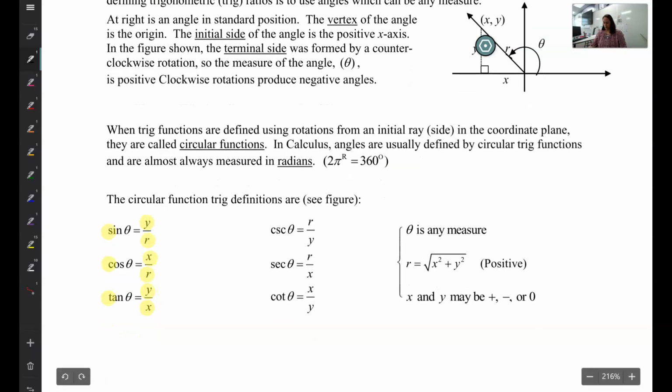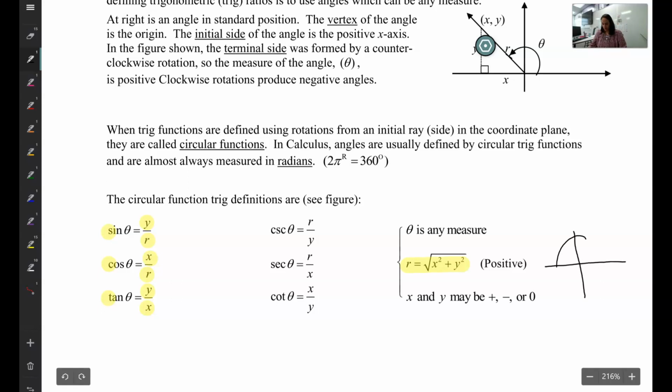Now let's talk about circular trigonometry. We have some new definitions, but once again, your cosecant is your sine flipped, secant is cosine flipped, cotangent is tangent flipped. You also have this definition over here for r. By the way, that is just your Pythagorean theorem.